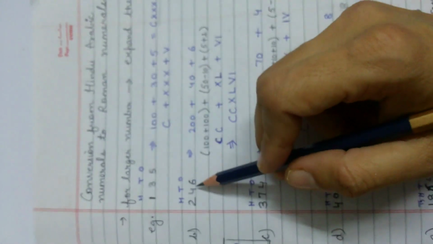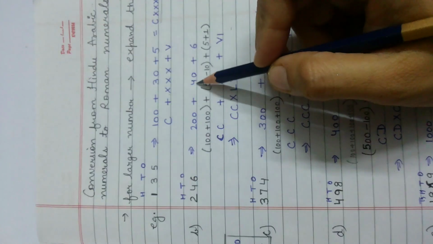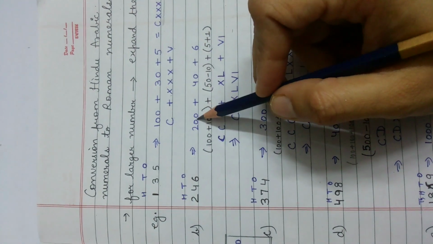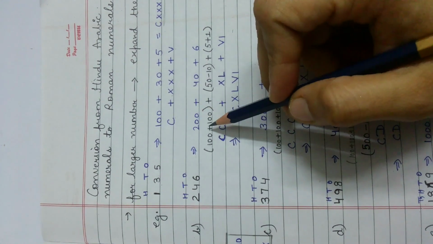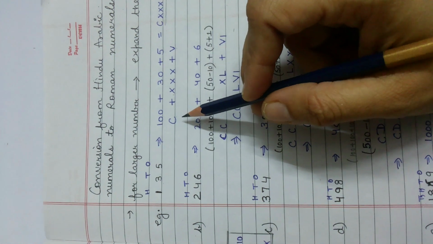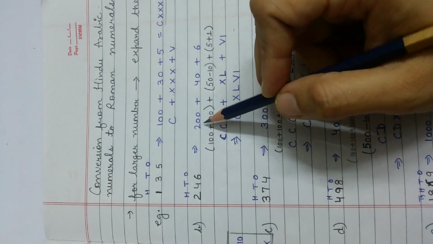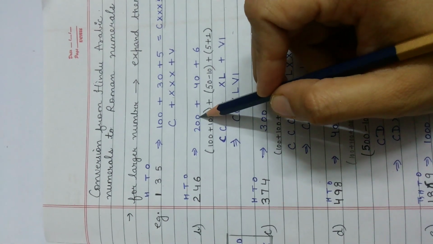Now let's take another example, 246. Again I have expanded this number: 200 plus 40 plus 6. Now do I have the symbol for 200? No. But I have the symbol for 100, which is C. So let me split this number as 100 plus 100, which becomes 200.